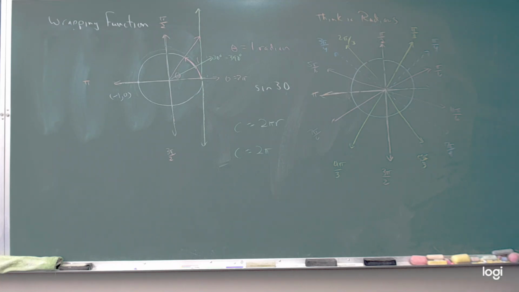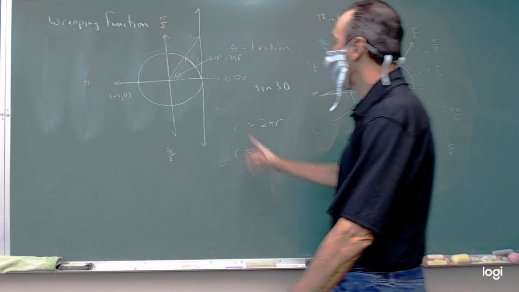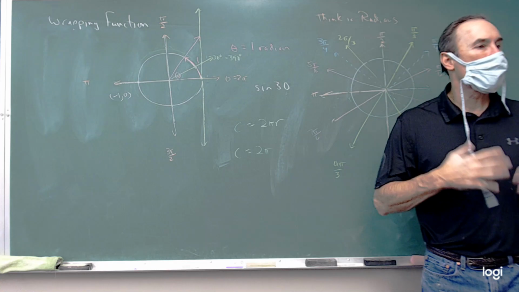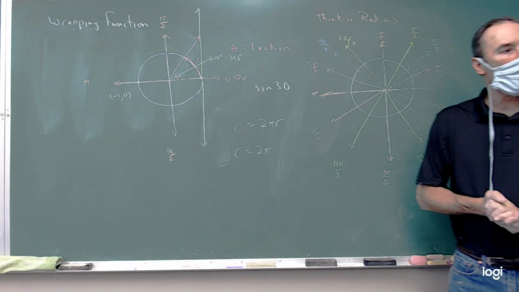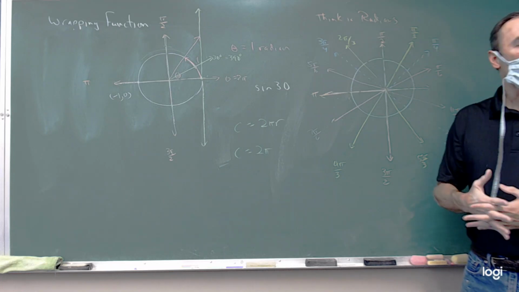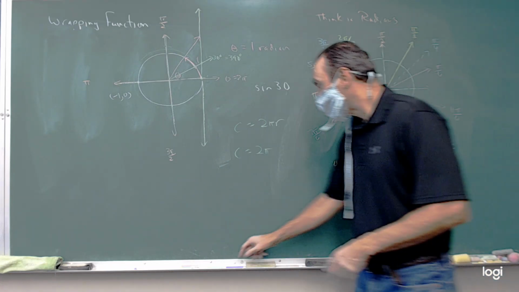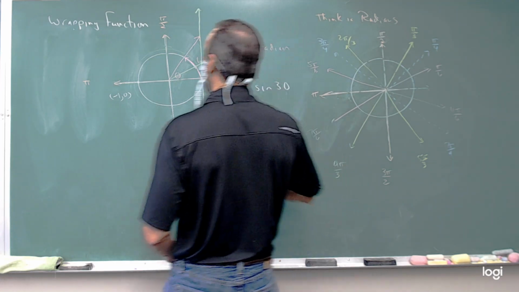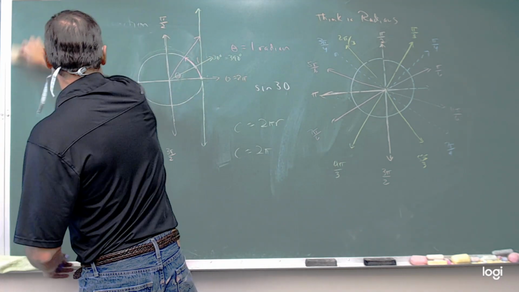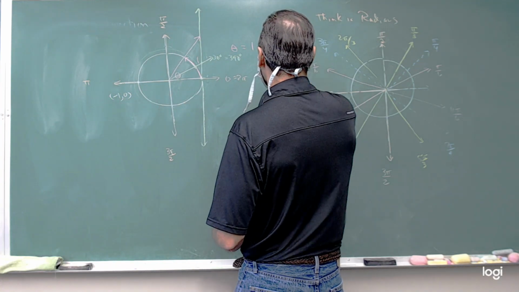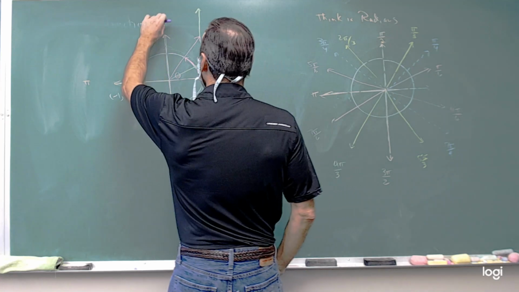Okay, now let me back up a little bit. We have defined this in terms of the unit circle because I think it's easier to conceptualize that way, but it is not restricted to a circle with radius 1. So I'm going to challenge myself here and try to draw another circle centered at the origin with a different radius.